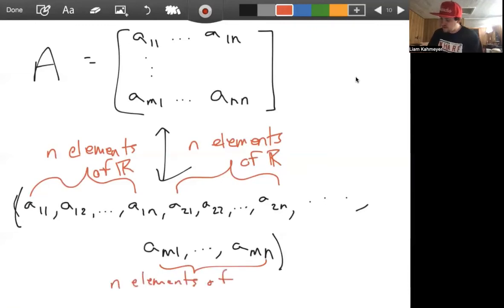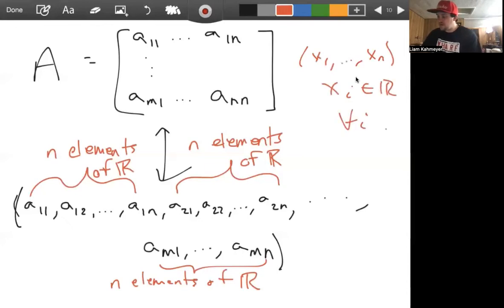And so really, if you have x1 through xn, and each xi is a real number for all i, then you just think of that collection as being an element of Rn. And so what we have here is a collection of real numbers, but how many do we have?